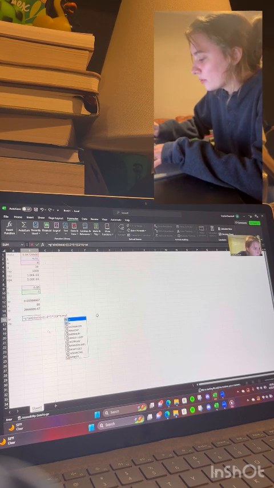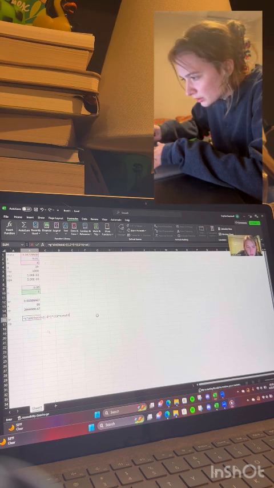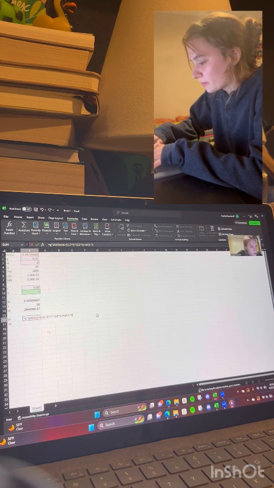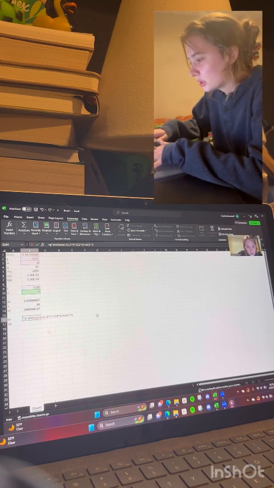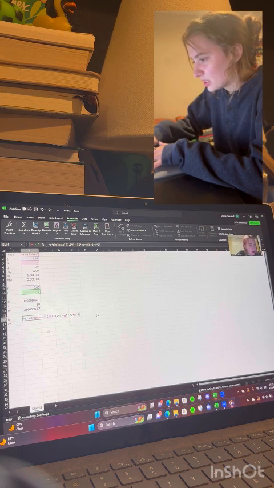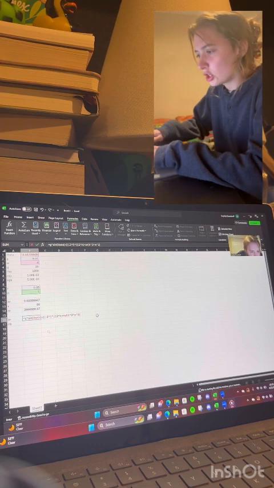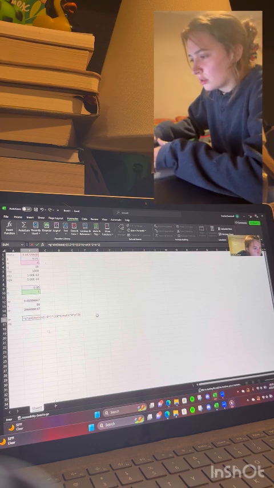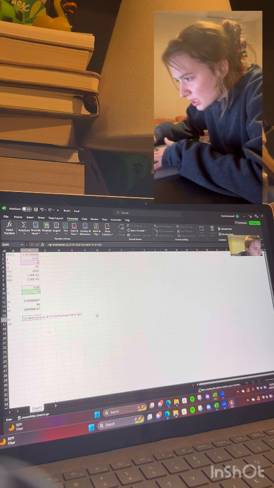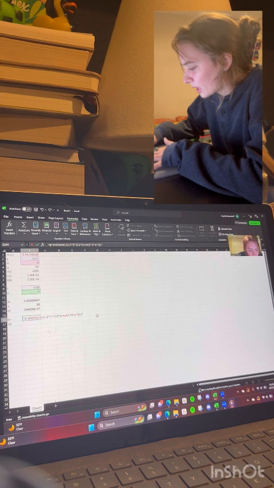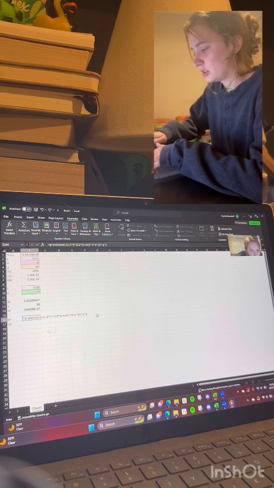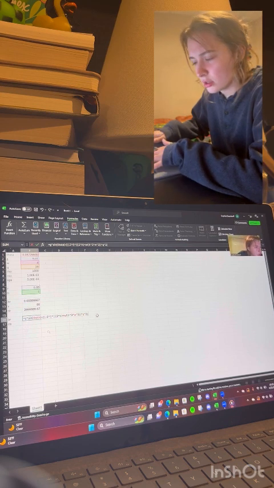Plus W divided by H to the third times W to the third. And then we can close that parenthesis and then multiply that whole thing, hopefully, by our Q squared.